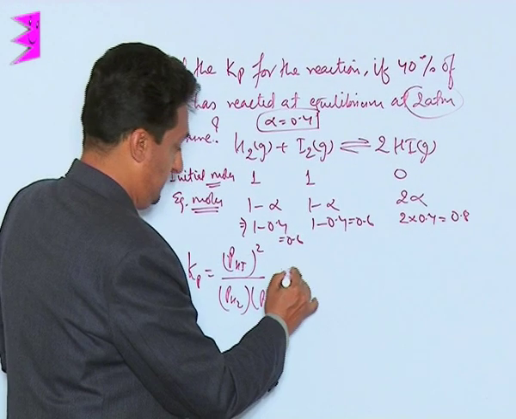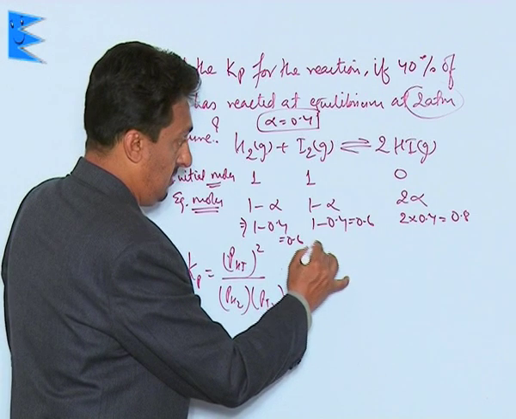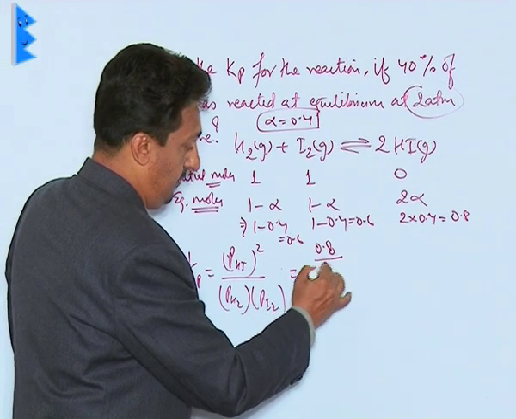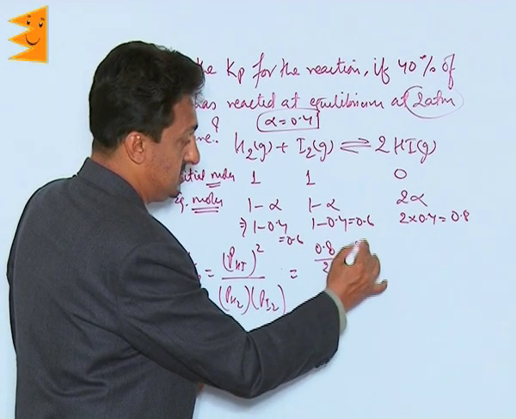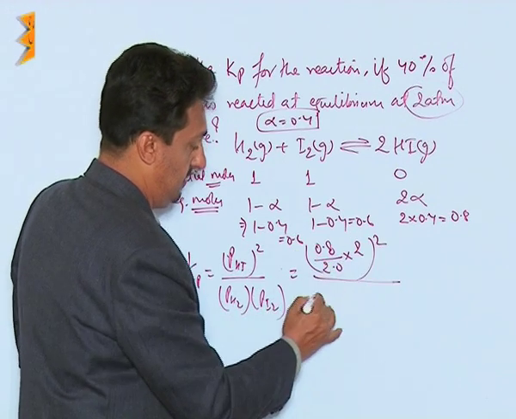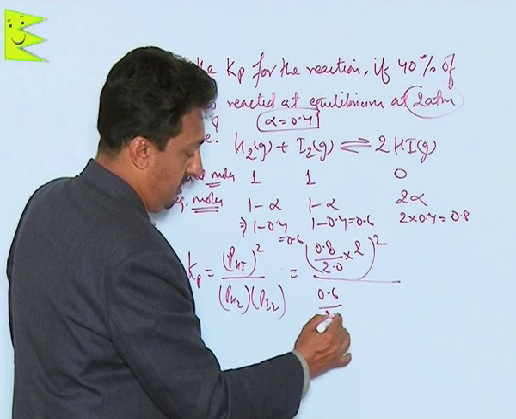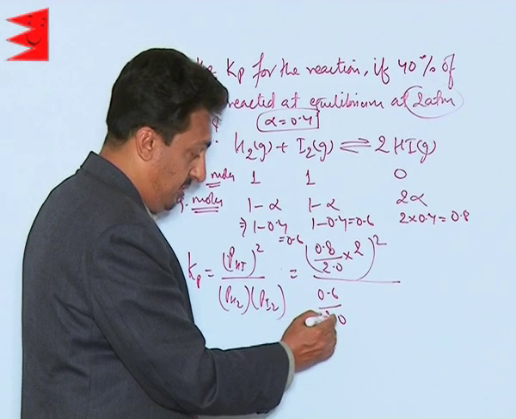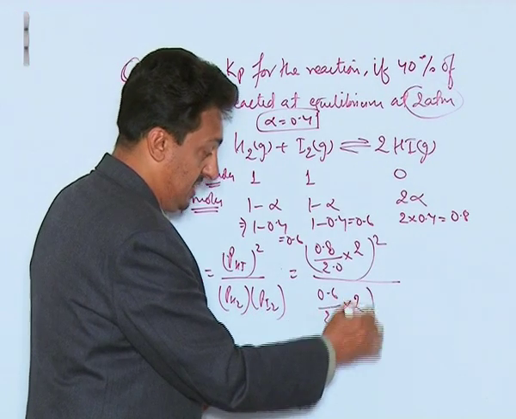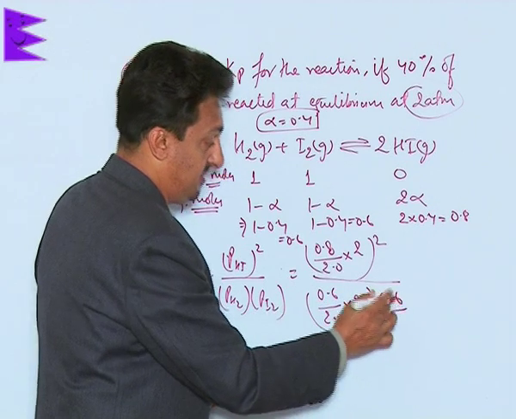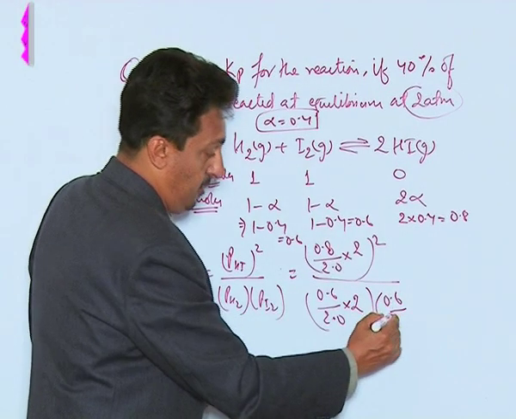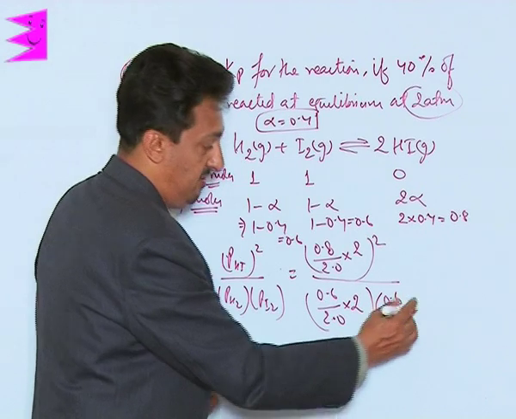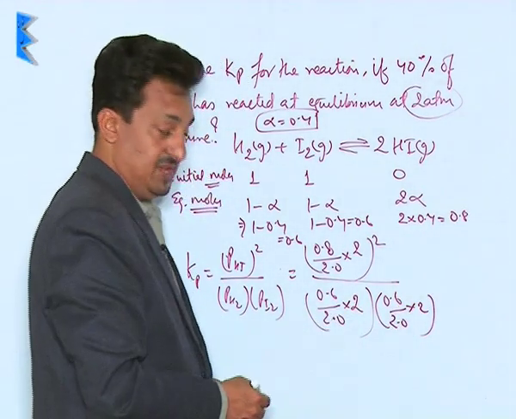What we get is 0.8 upon 2 into P total, which is 2, the square of the whole, upon 0.6 upon 2, these are the number of moles of the hydrogen, upon total number of moles into total pressure 2, into 0.6, number of moles of iodine, upon 2, the total number of moles, into 2, which is your total pressure.